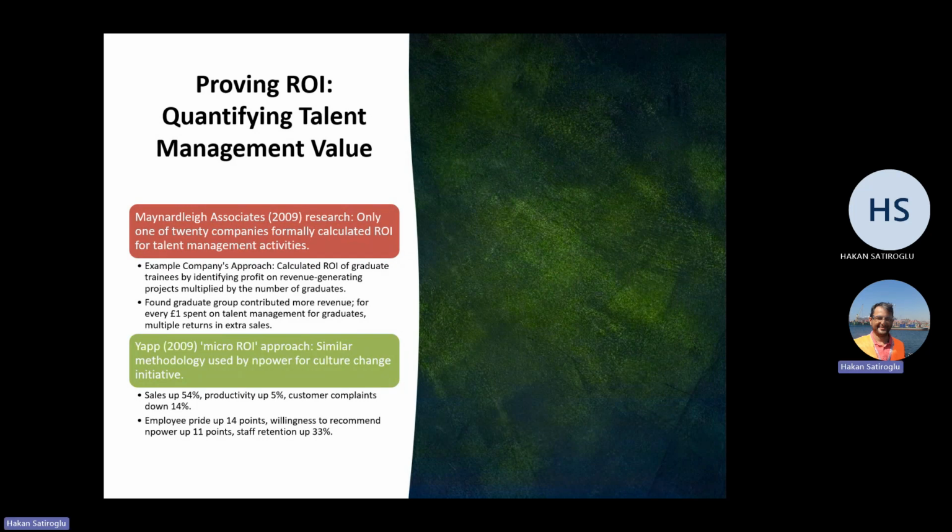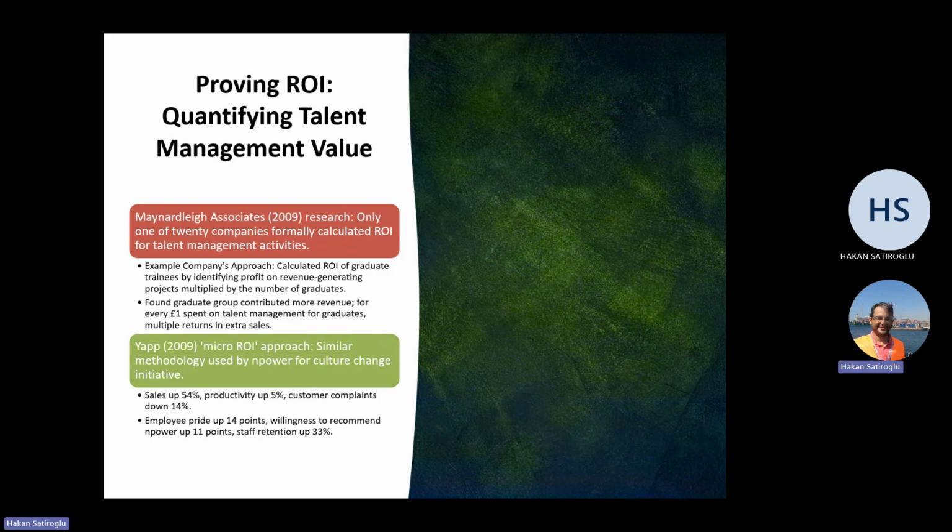It means transforming qualitative impact into quantitative return on investment. These examples demonstrate that rigorous measurement is possible and incredibly powerful. Only one of the 20 companies formally calculated return on investment for talent management activities.